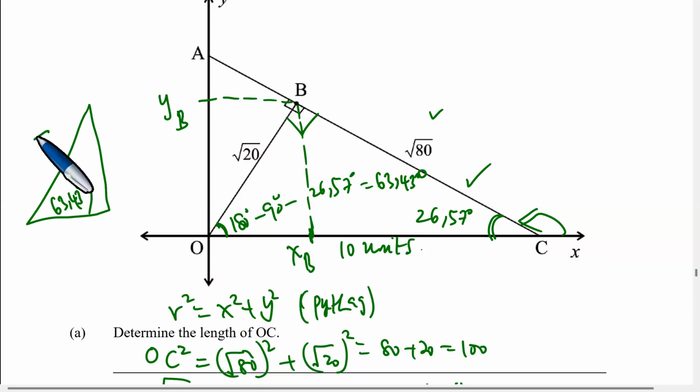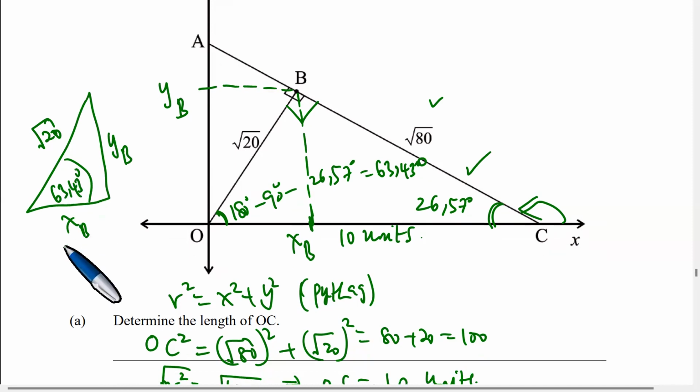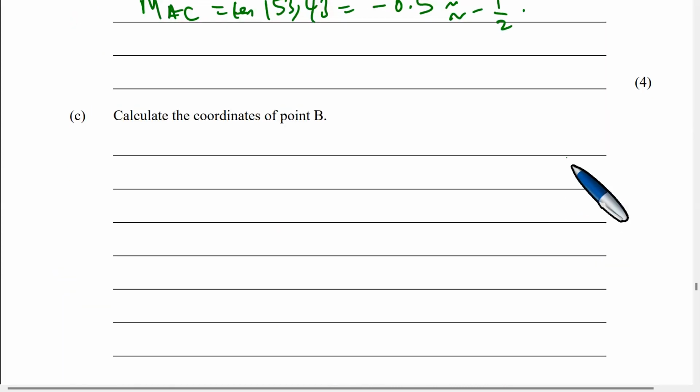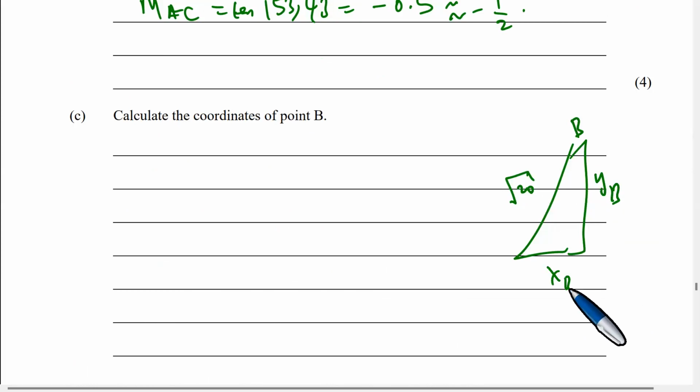Okay, so yeah, this is square root of 20. And then this is YB, XB. Right, let's take this diagram and take it down to the question. To find the coordinates of B, we can realize that we have something like this. Square root of 20, B here. We have YB, we have XB, 63,43.